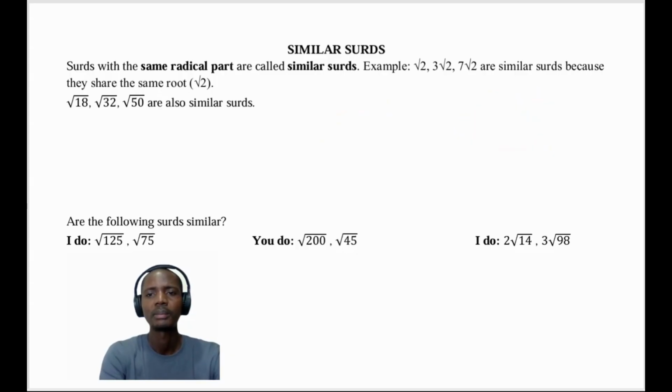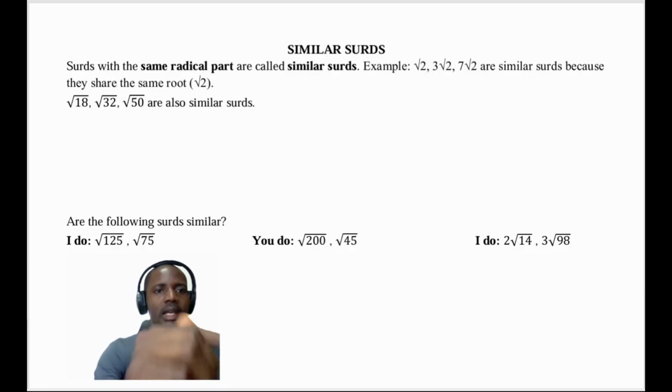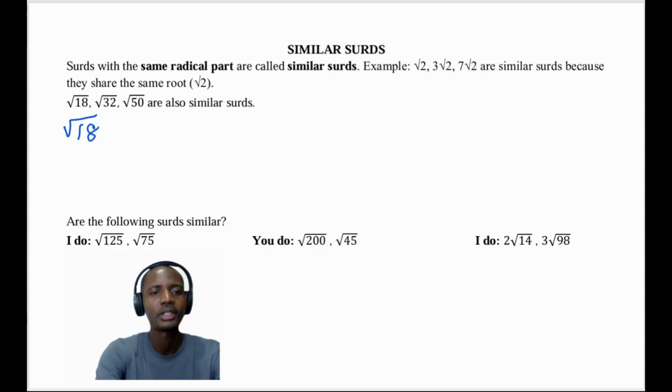So we have a problem. It says root 18, root 32, root 50 are also similar surds. How? Let's see. So root 18. Remember, we can simplify root 18. Having root 18 in the simplest form gives us what?